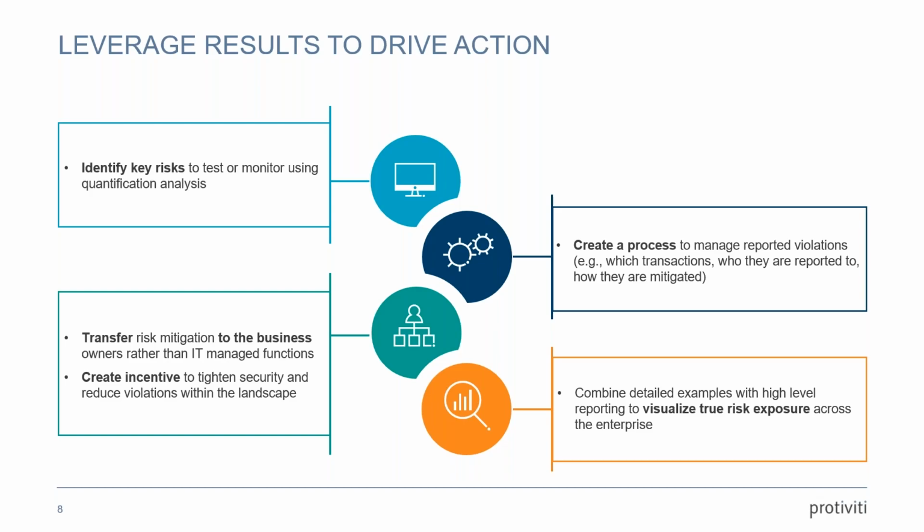So leveraging these results to drive action, right? This is what we often find our clients need the most help with, not just getting the data, but figuring out what to do with it once we have it. So just to kind of high level talk through this process, the first step is identifying what risks your system really has.